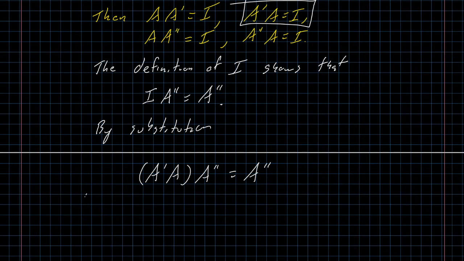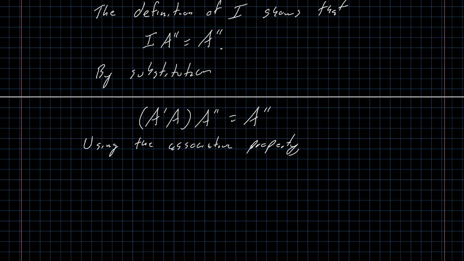And I know that matrix multiplication has an associative property. So I can rewrite this moving the parentheses. Instead of grouping A prime times A, I can leave A prime out in the cold and group A times A double prime together.